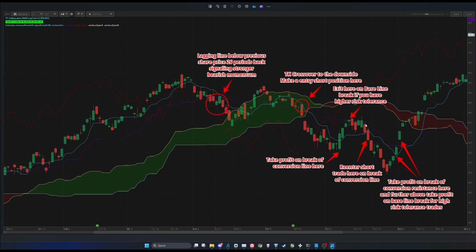So in this case, it broke beneath the conversion line again, and the TK cross to the downside is still in effect, so you can make a re-entry for a short position here, ride that price all the way down, and then when it breaks above that conversion line again, you can take your exit and take profit. And then when it breaks above that Kijun-sen baseline, you can take profit there too, if you have high risk tolerance.